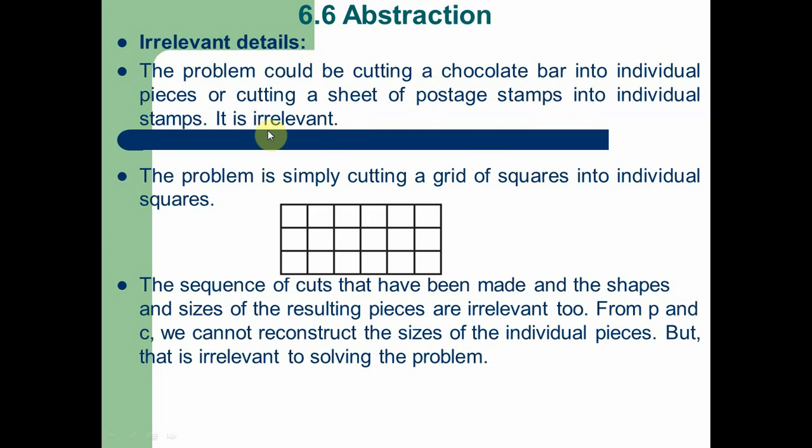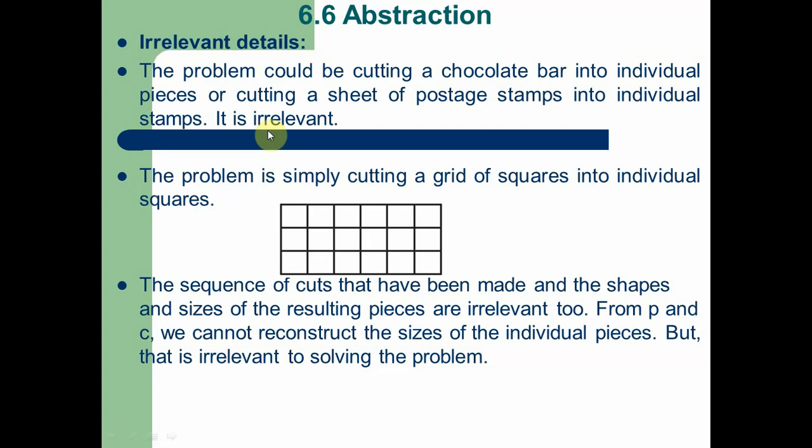Here the size of the piece is irrelevant for cutting a chocolate bar into individual squares, because the question doesn't mention that the size should be the same, and that's why the size is irrelevant to this algorithm.